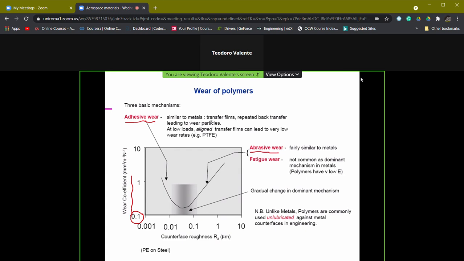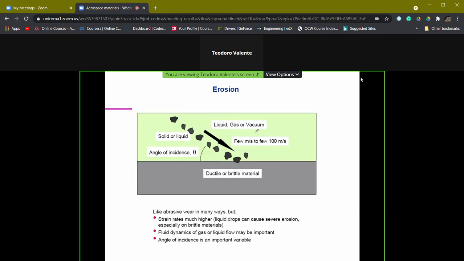That is the case, for example, of thermoplastic polymers: due to the stresses present at the contact, we can have a sort of alignment of the macromolecules of the polymer itself, and in this way they tend to reduce the interaction points among the two surfaces, thus reducing the wear rates.